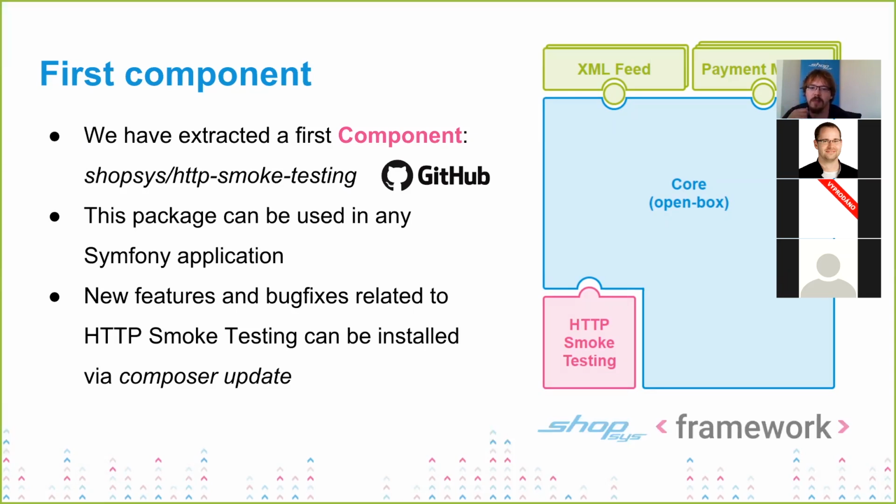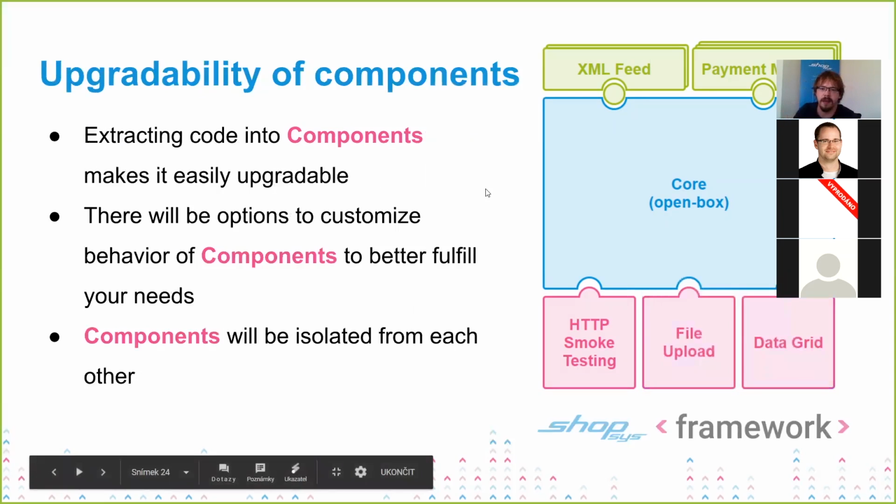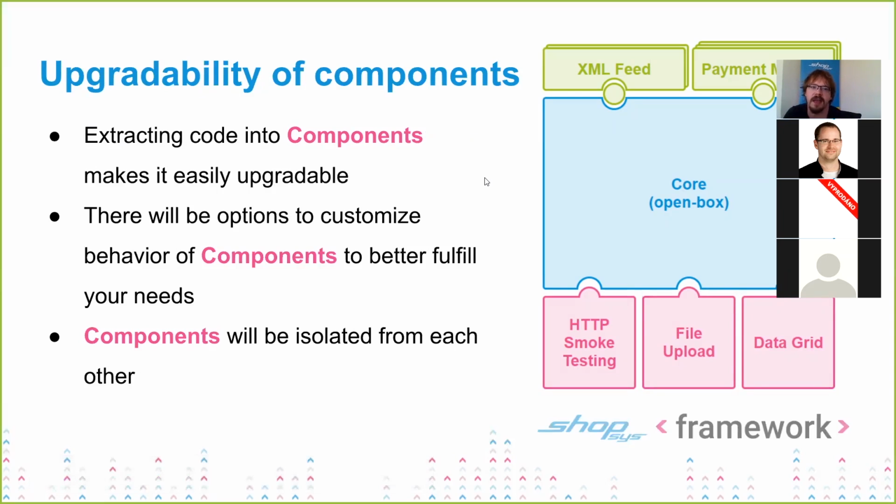I will talk about smoke testing some more in the next chapter. There will be more components, and extracting code from core into components makes it easily upgradable, because you can just run composer update and it will work.